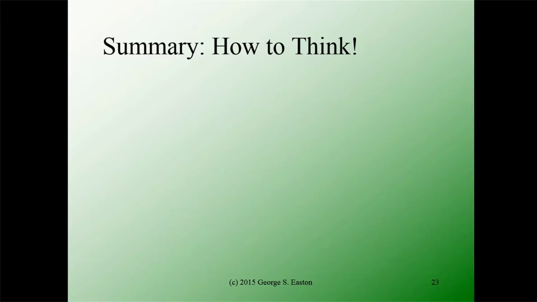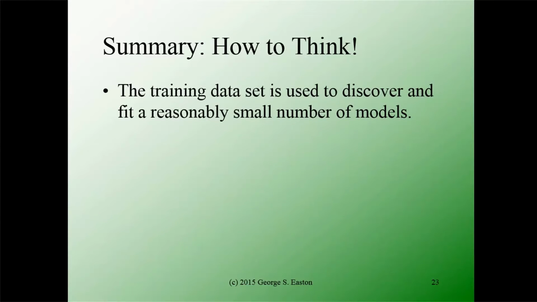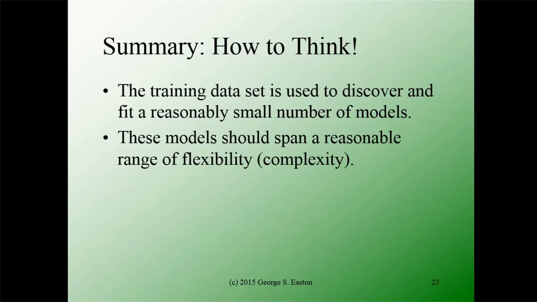So I want to summarize it again and make sure that I've clearly stated how you think about what's going on. The training data set is used to both discover and to fit, which means to estimate the model's parameters, a reasonably small number of models. These models typically should span a reasonable range of flexibility or complexity, because exactly how much flexibility you need to fit the structure of the model without overfitting is typically not clear just by examining the training data set alone.